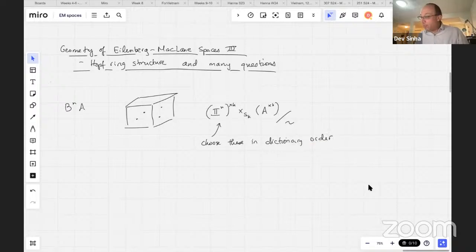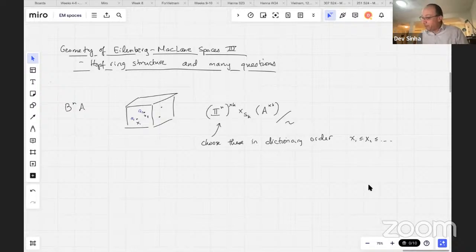So I'll just call that x1 less than or equal to x2. So those are the underlying points, x1, x2. And then the labels are abelian group elements, and I'll label them accordingly, A1, A2, etc.